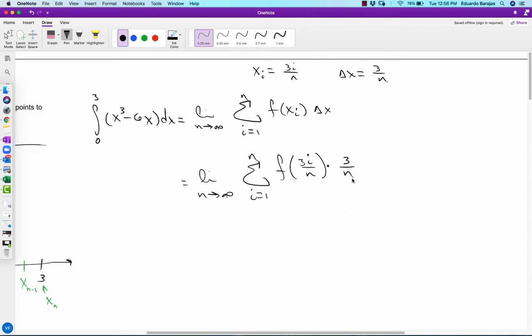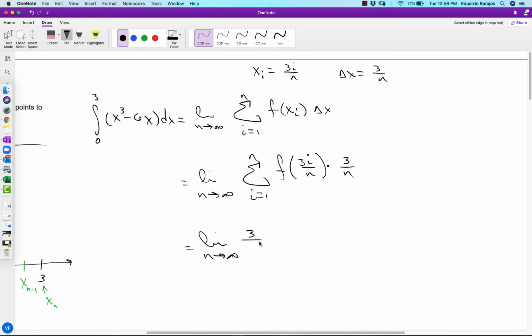Now 3 over n has no i index. So when i equals 1, when i equals 2, it affects this, but it doesn't affect that at all, so we know we can bring it out in front, right? Take it out of the Riemann sum. Now it is affected by this limit because this has an n and that has an n. So we can't pull it all the way out in front, but we can pull it outside this Riemann sum.